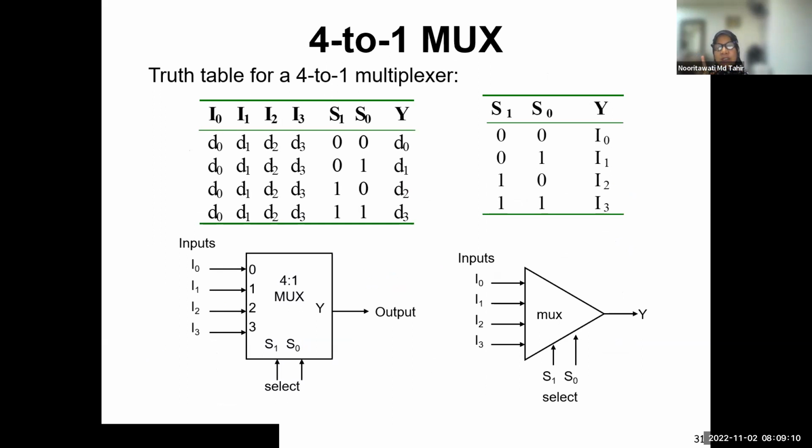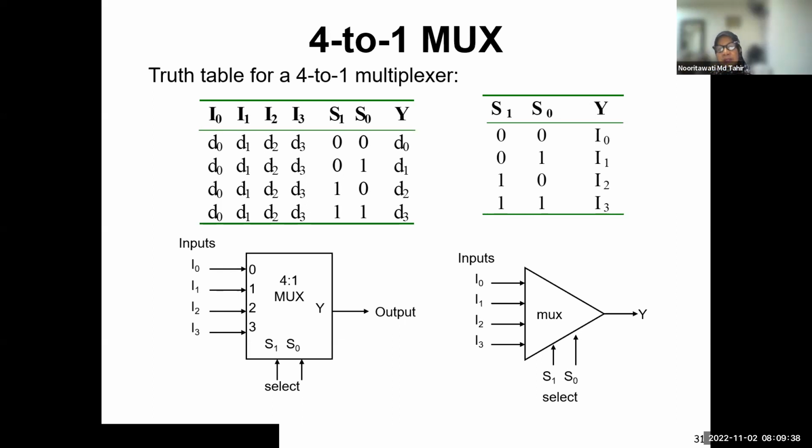For a 3 to 8 decoder, that represents 3 inputs and 8 outputs. How do we know there are 8 outputs? From the 3 inputs, 2 to the power of 3, we have 8 possible outputs. Even though we have 8 outputs, only one will be active at one particular instant, depending on the inputs of the decoder at that time.